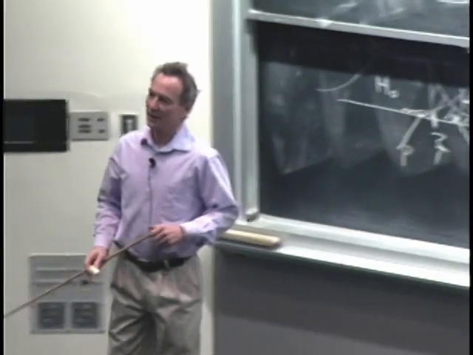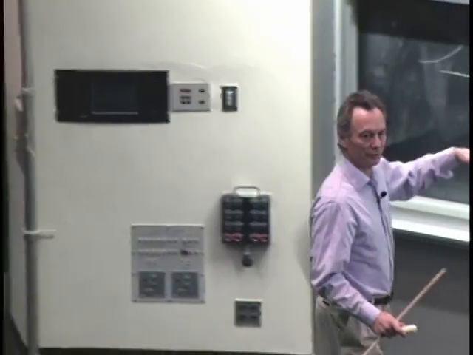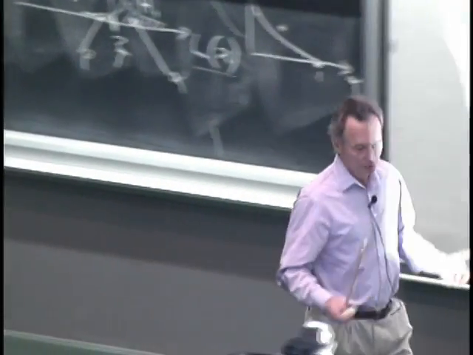So the likelihood ratio test turns out to give you the best possible way of dealing with this trade-off between alpha and beta. We cannot minimize alpha and beta simultaneously. There's a trade-off between them.